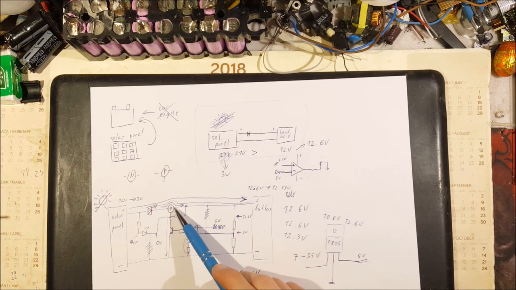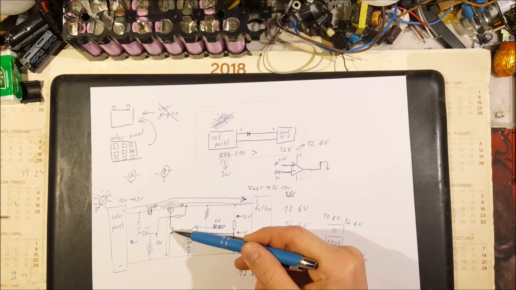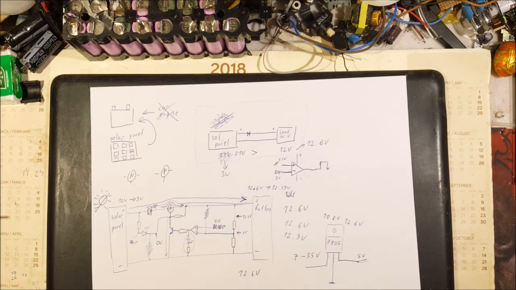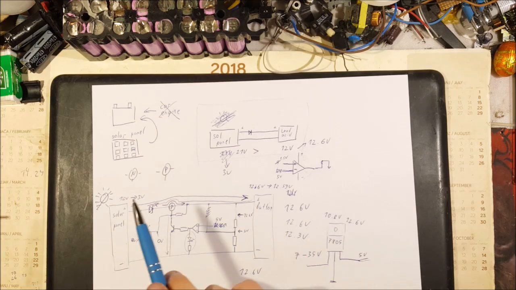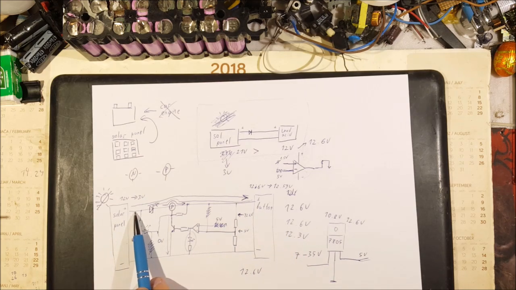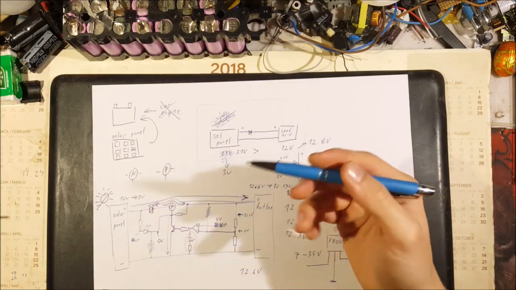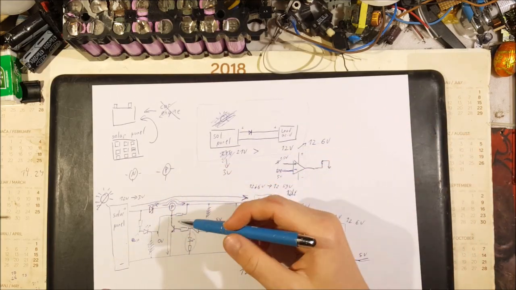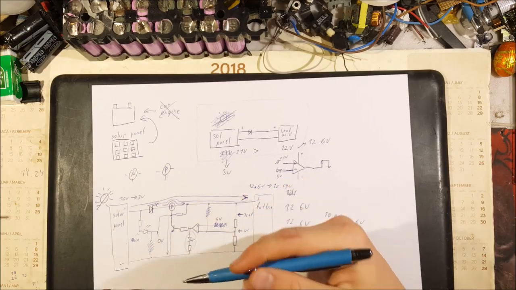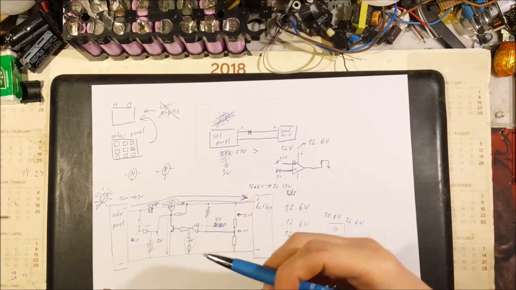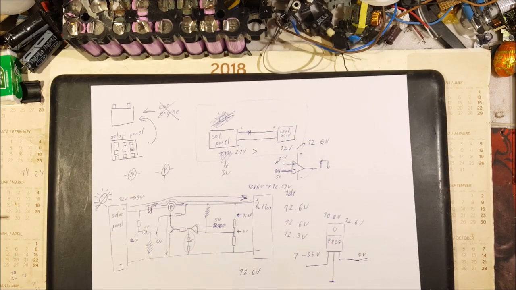If this MOSFET is open, that means that this transistor right here is also open. Now we have positive from the solar panel flowing through our diode and through this wire. It cannot go to the gate of the MOSFET because the gate is acting essentially like a capacitor, so there is nowhere for the voltage to go.